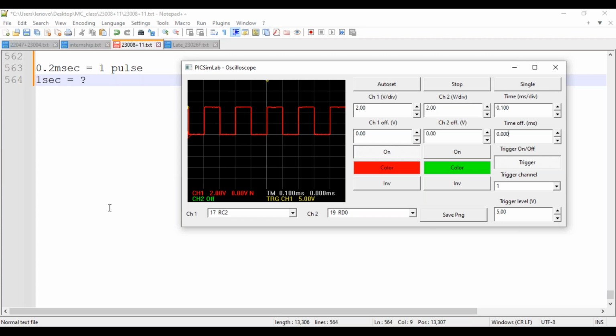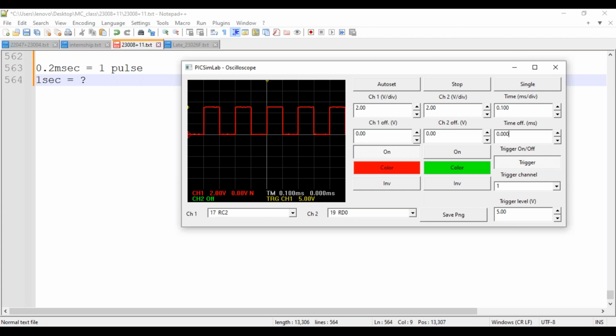It will be 1 divided by 0.2 milliseconds, so it is 5,000 pulses. So 5,000 pulses will get generated in 1 second. That is what we said.